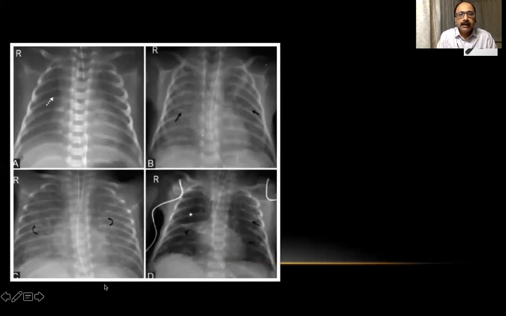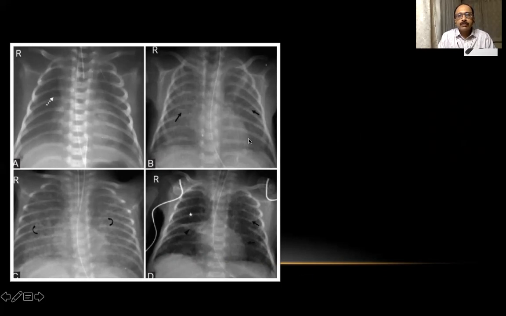Okay, now look at this baby. This baby has a spectrum of changes which are getting reflected. What starts as a reticulogranular pattern with air bronchogram and an endotracheal tube, which is quite high in the air column, where we made a diagnosis of respiratory distress syndrome, there is increased worsening of diffuse bilateral granular opacifications with prominence of the air bronchogram.